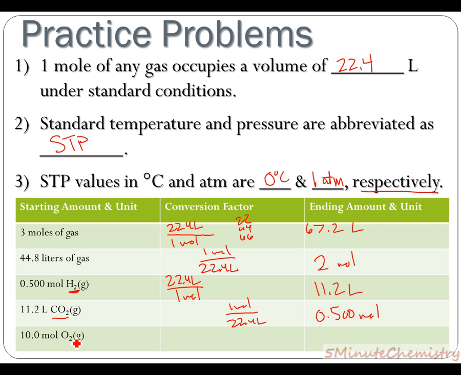So 10 moles of O2. Now I have moles that I start with, so the 1 mole goes on bottom, and my 22.4 liters on top. 10 times 22.4, essentially shift the decimal, is 224 liters. I just want to make sure that you get that idea. Hopefully that was helpful, and we'll move on.